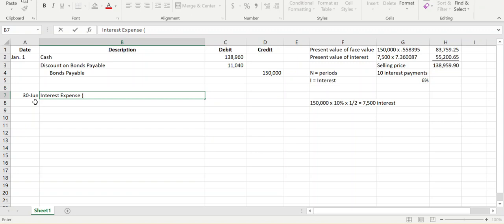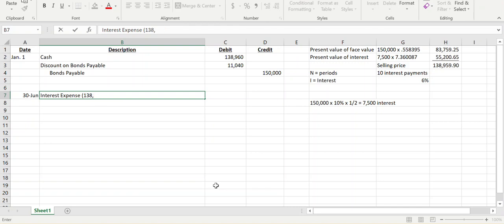So $150,000 was the bond payable, less what we call an unamortized discount of $11,040, means that the prior carrying value was $138,960.